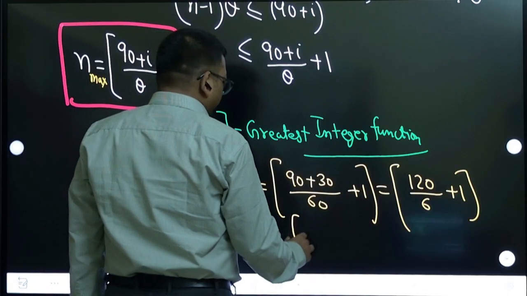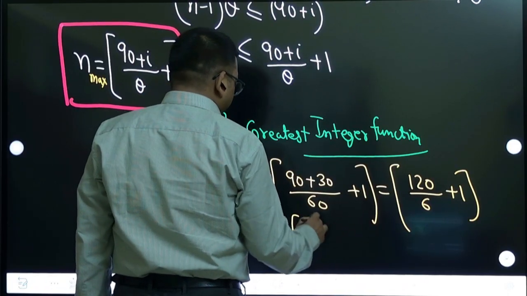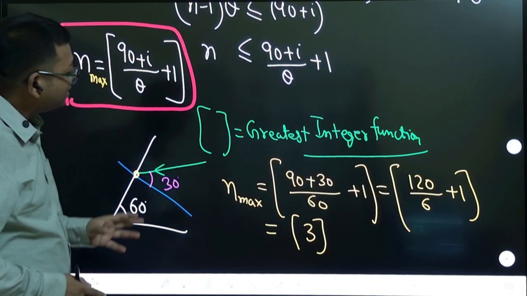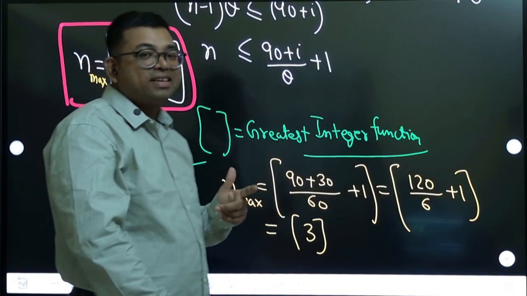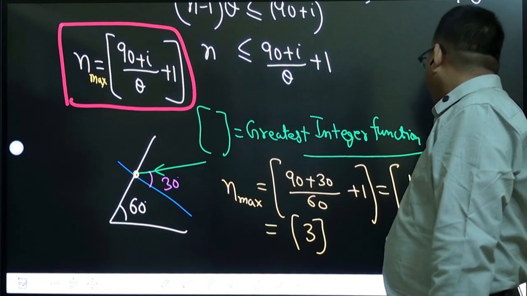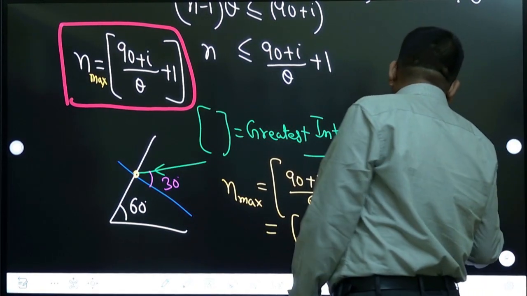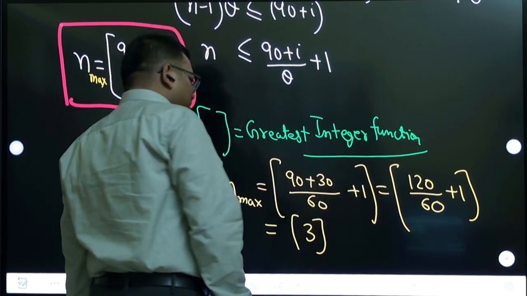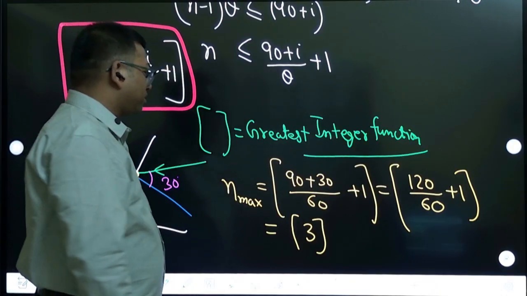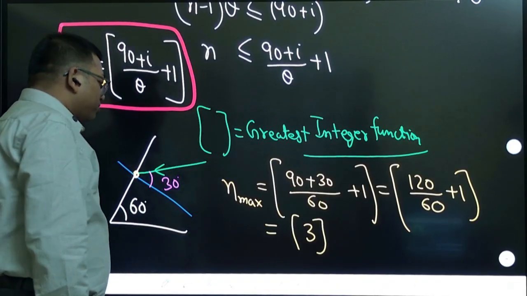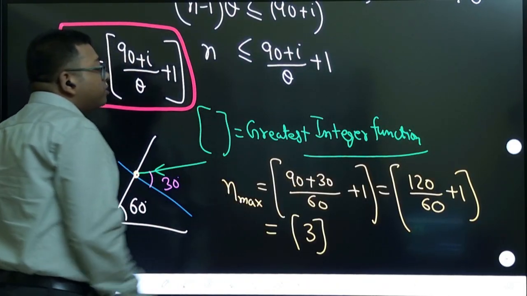Oh, it is 60. So then how much will it be? That becomes 2 plus 1, and the answer will be 3. So the maximum number of reflections that can happen is 3 here.